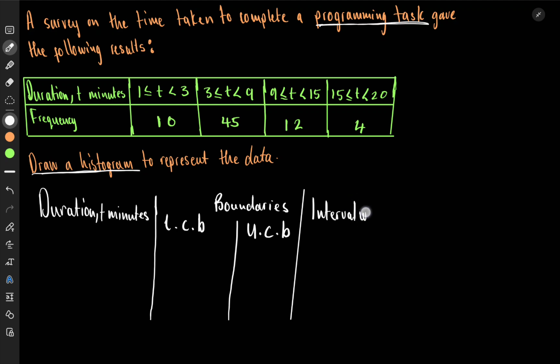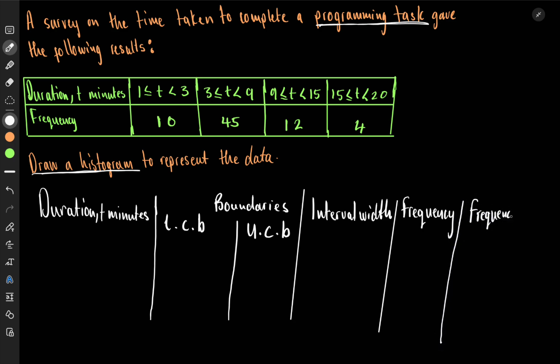Why? Because the reason we put the boundaries is so that we can find the interval width. And now when we have the interval width, our next column will be the frequency column, which we already have. Then we'll use interval width and frequency to get the important one, our frequency density. Then we can make a histogram plot.